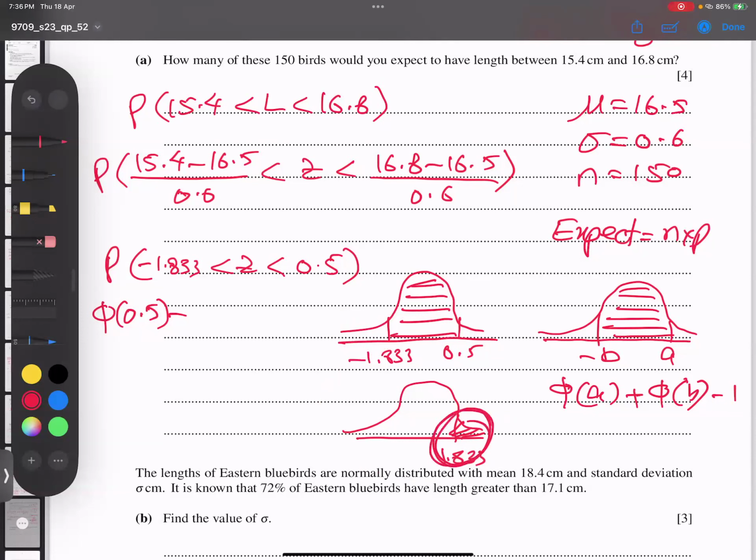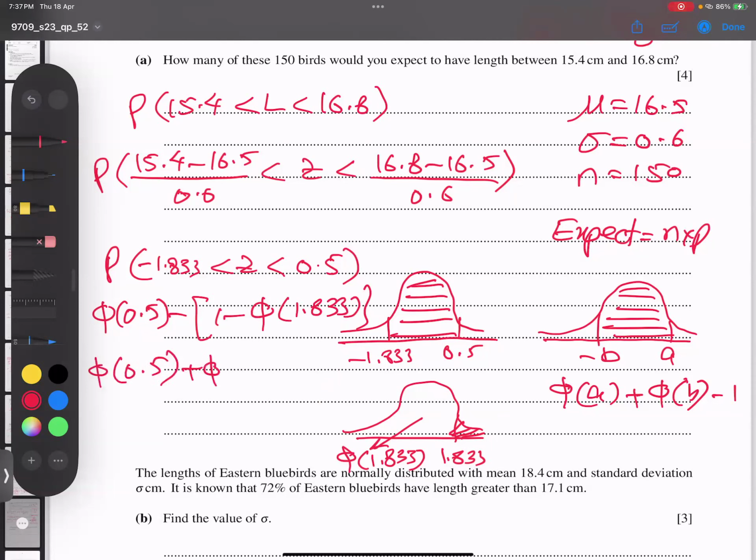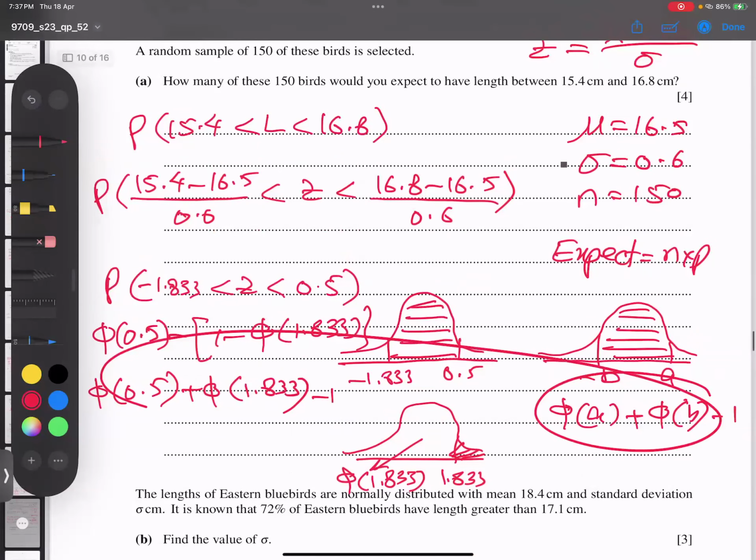And how to subtract it? This white region expresses phi of 1.833. But I need this portion, so it is called 1 minus. I believe you got my point. I open the bracket, negative into negative is positive. So phi of 0.5 plus phi of 1.833, and this minus 1 comes as it is. You see, this formula is matching now.